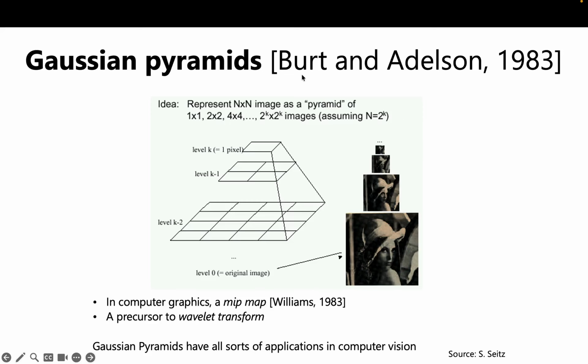This Gaussian pyramid was proposed by Burt and Adelson in 1983. So we have this level 0 up to level k. Level k is your smallest size.